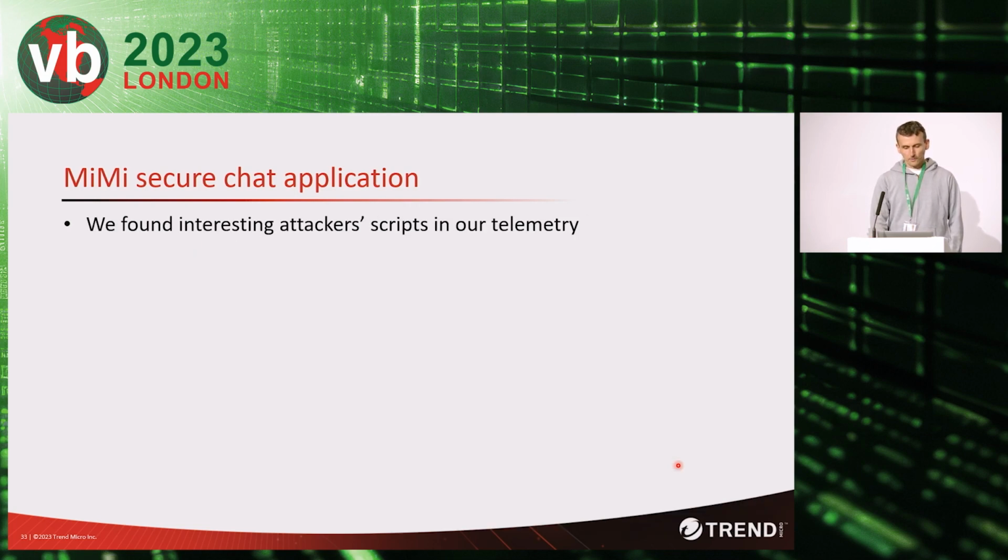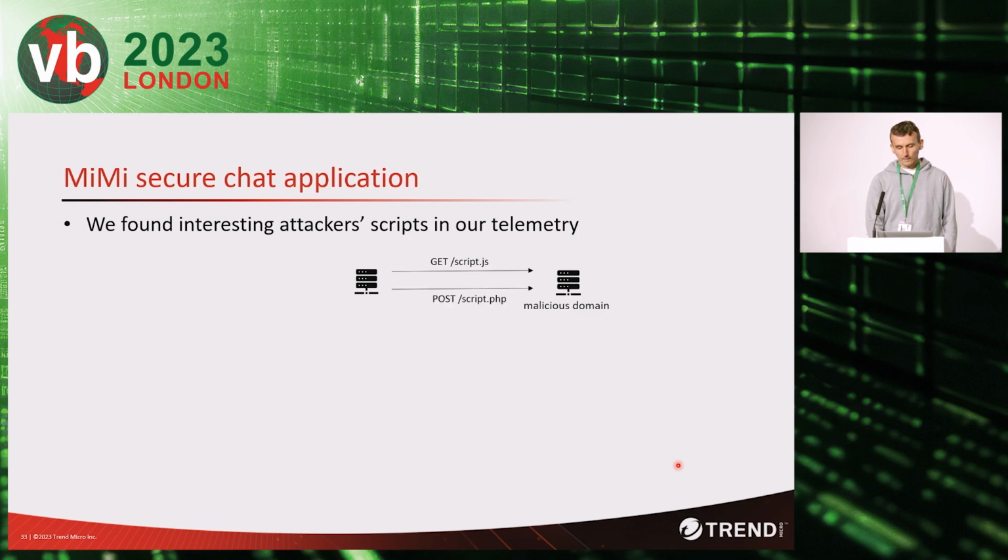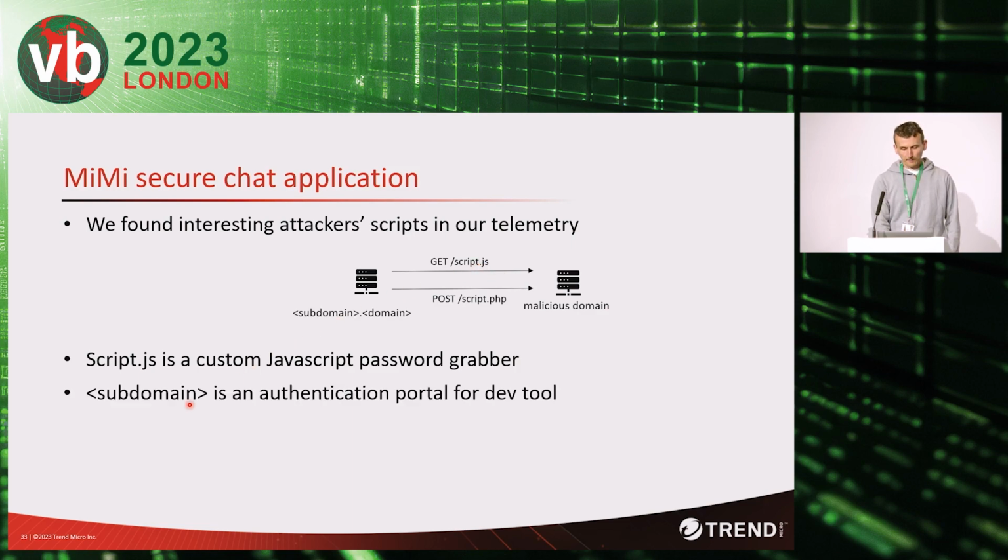The last slide for this Mimi secure chat application is an interesting script we found in our telemetry. There was a malicious domain and we found a GET request to the file script.js. Script.js was a custom JavaScript password grabber. And this subdomain, this server in the middle, was an authentication portal for the development tool.